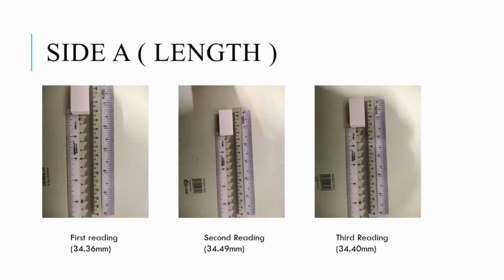These are the values from side A, which is the length. The first reading is 34.36 mm, the second reading is 34.49 mm, and the third reading is 34.4 mm.